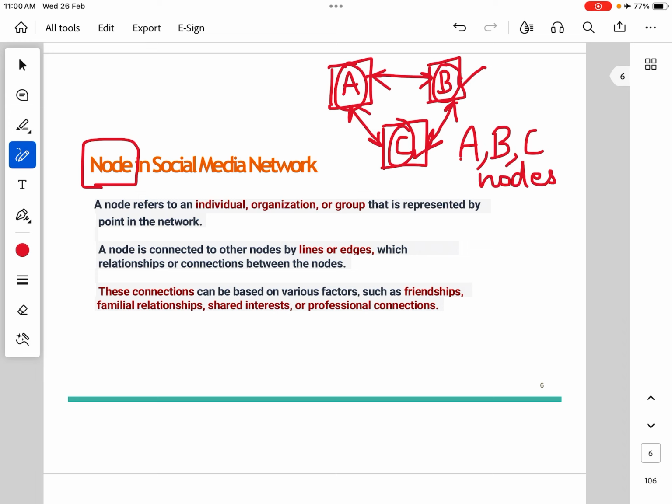A node is connected to other nodes by lines or edges, which represent relationships or connections between the nodes. So A is friends with B, A is friends with C. That's a link.